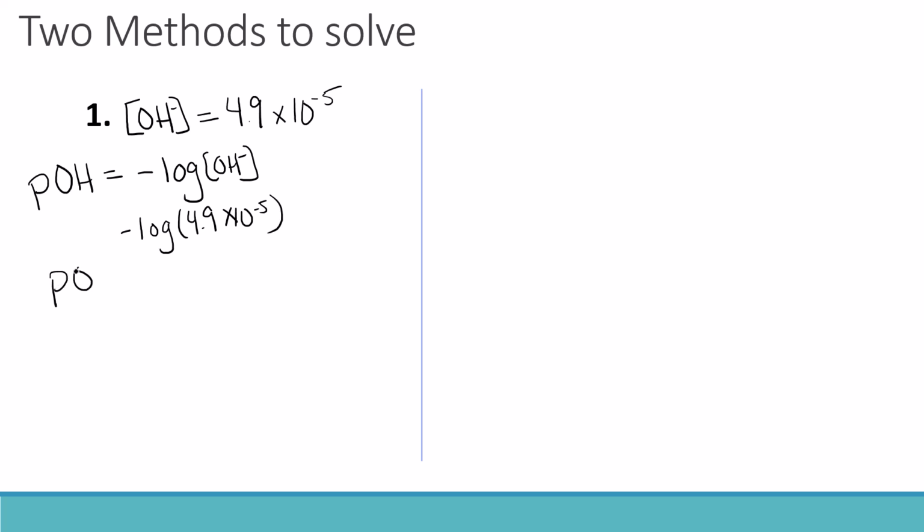So pOH equals negative log of 4.9 times 10 to the negative 5th. And then pH is just going to be 14 minus pOH. So pH equals 14 minus 4.31, 9.69.